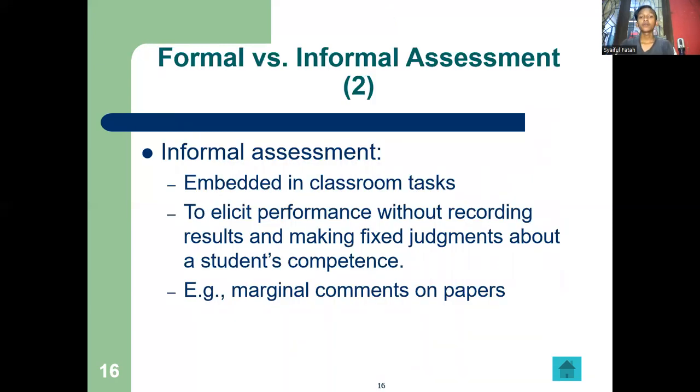Next, formal versus informal assessment. Second, informal assessment is embedded in classroom activity to elicit performance without recording results and making fixed judgments about a student's competence, e.g. marginal comments on papers.